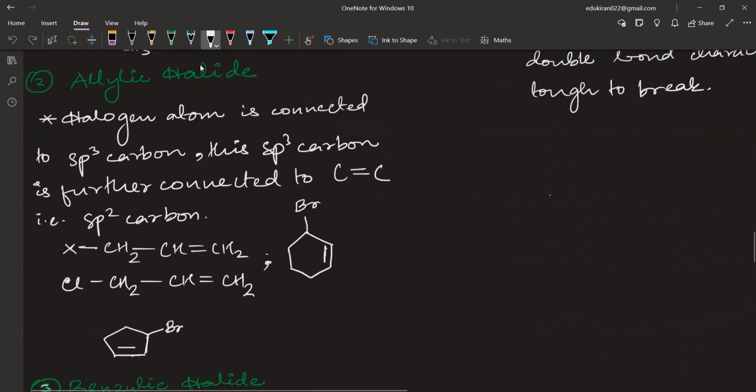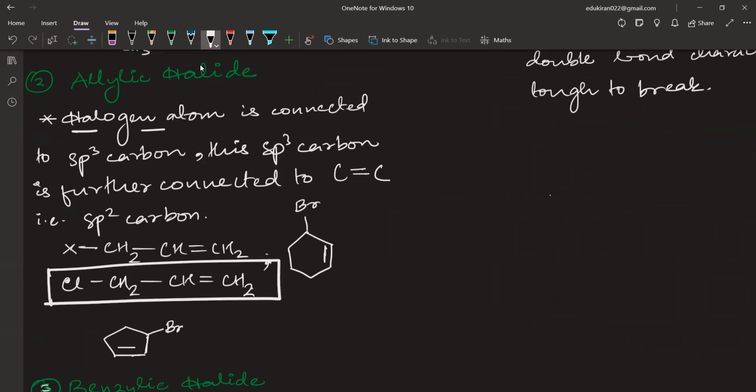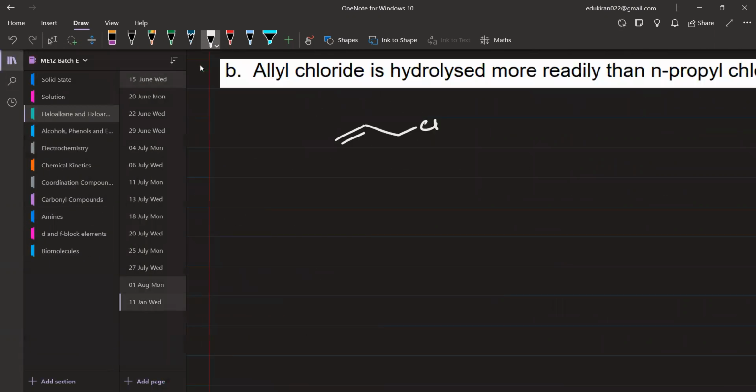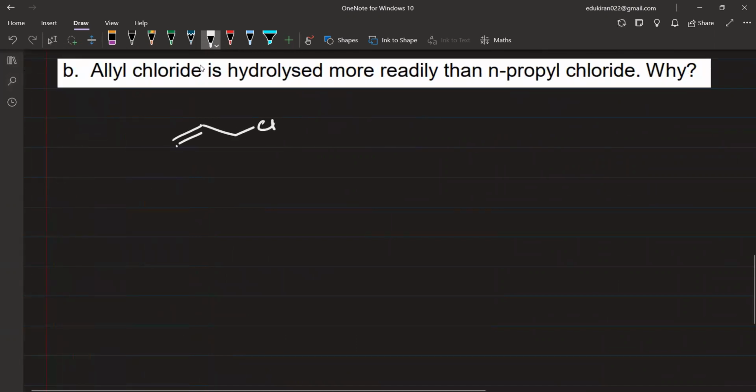See here, what is allylic halide? Halogen atom is connected to sp3 carbon. This sp3 carbon is further connected to C double bond C, है ना? तो इसमें आपके पास एक ये केस था. देखिए, this is your allyl chloride, CH2 double bond CH, single bond CH2 and Cl.